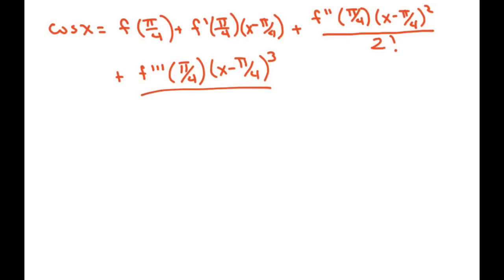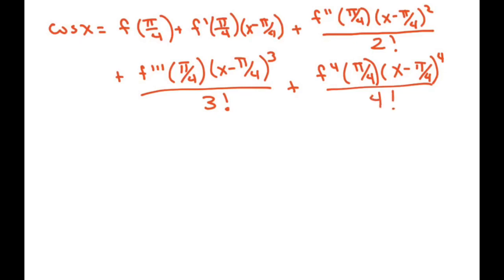See, everything matches up, over 3 factorial plus the fourth derivative at pi over 4 times x minus pi over 4 to the fourth power over 4 factorial, and so forth.